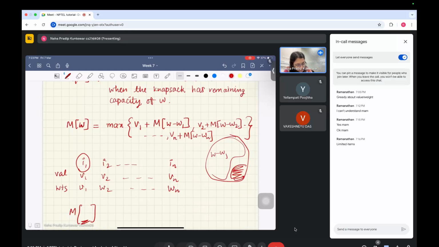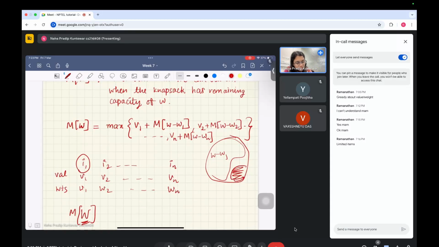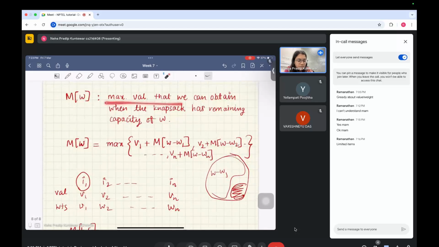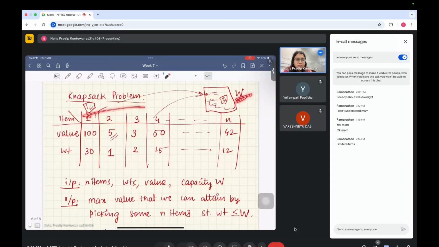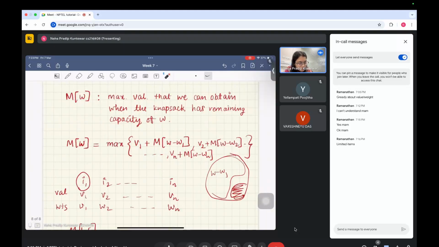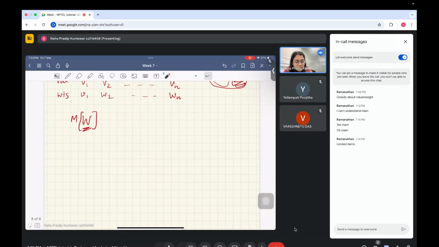Okay, so what does m of capital W denote? By our definition, it means the maximum value we can obtain for the knapsack whose capacity is capital W. And this is exactly the problem that we asked, right? You have this knapsack with capacity of W and you want to maximize the value. So m of W is precisely denoting what I want to find out.